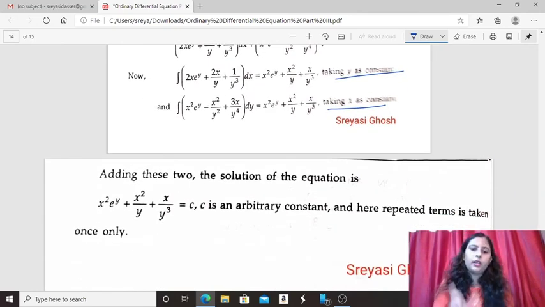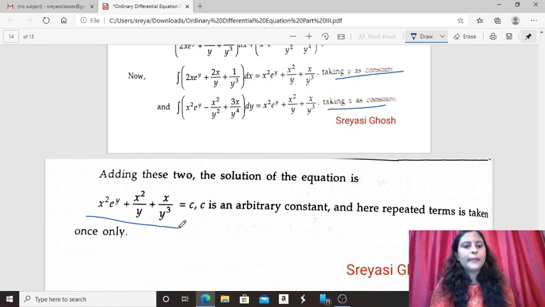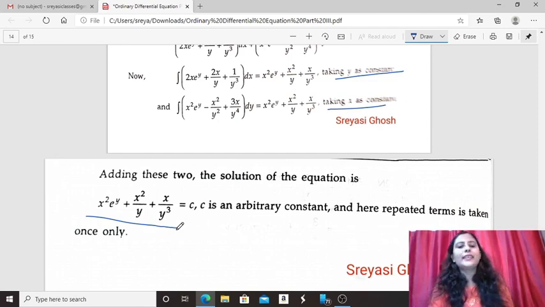The repeated elements are not considered. So here we will find the result as x to the power 2 e to the power y plus x square by y plus x by y cube equal to c, where c is an arbitrary constant. Obviously, we have not considered the repeated terms.